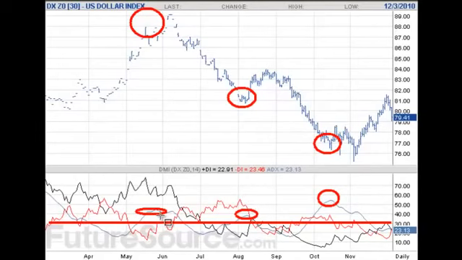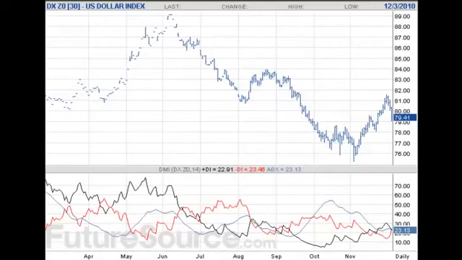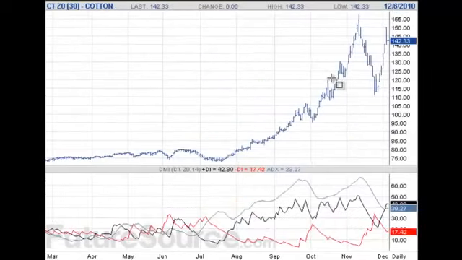Okay? So that's what's really neat about the ADX. When it gets above this 30 line and it's rising, a lot of times it can call turning points in a market. Not all the time, nothing's 100%, but it's a pretty good indicator of picking turning points in a market.